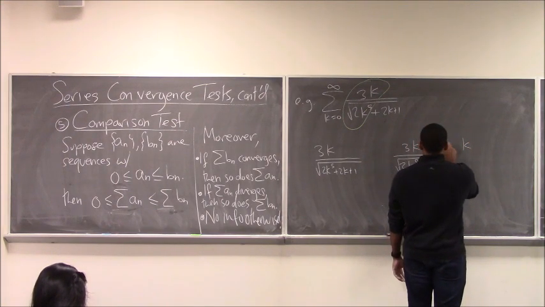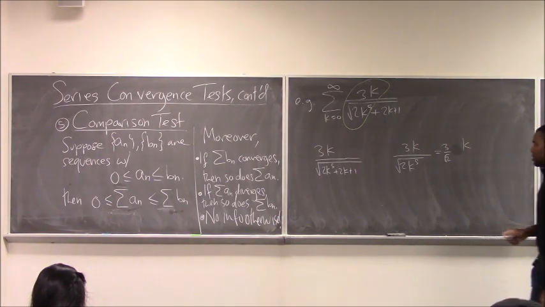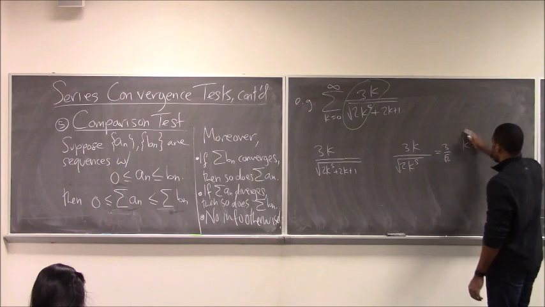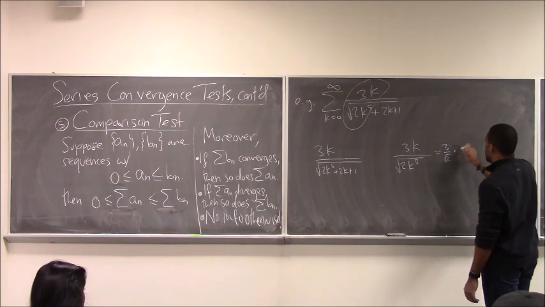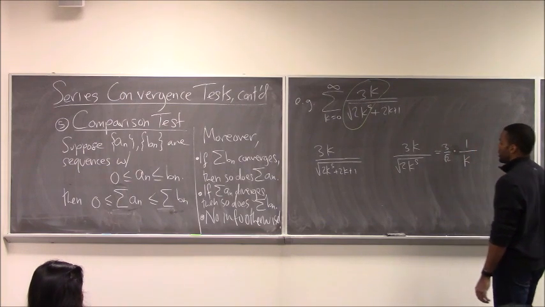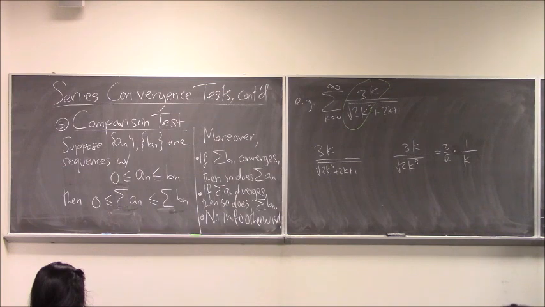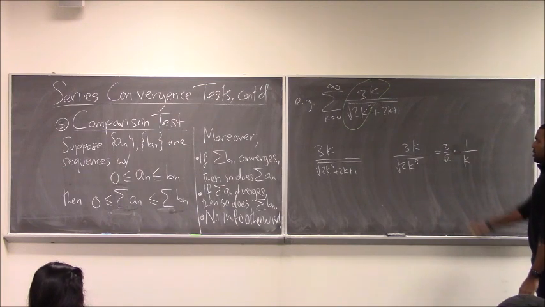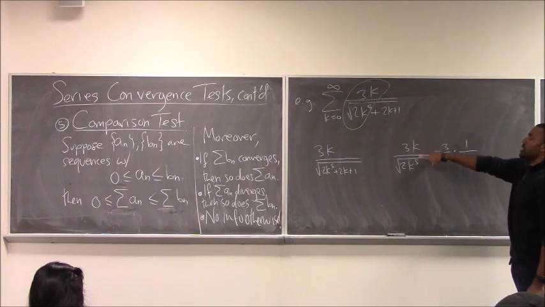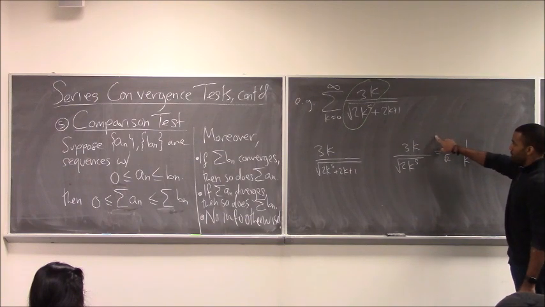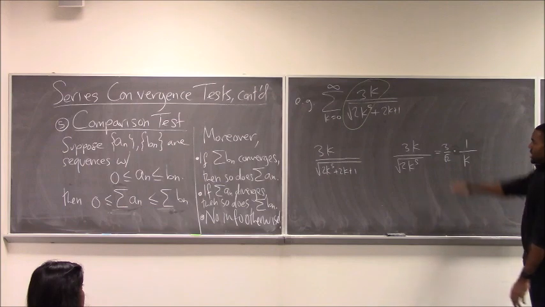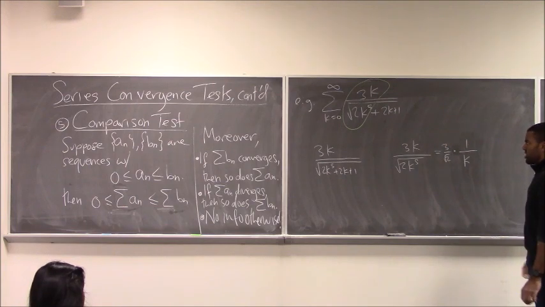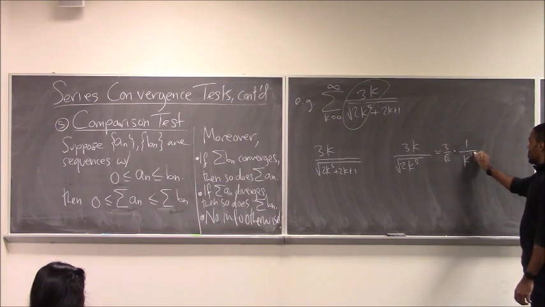So that's like 3 over radical 2 times, what is that going to be? This is going to be 1 over k to the what? Right, so this would be 5 over 2, so it's 1 minus 5 over 2, and so that's 2 over 2 minus 5 over 2, so it gives you minus 3 over 2, so this guy is going to be 3 over 2.